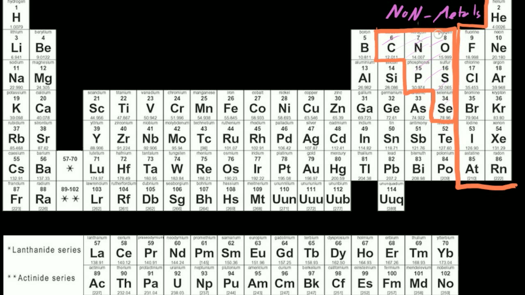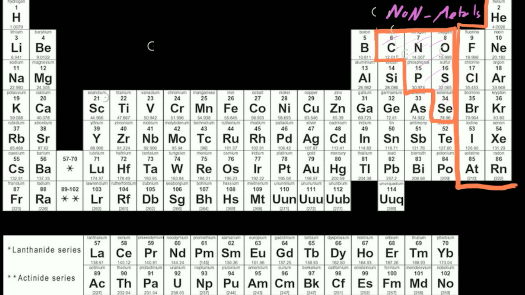Although technically, I guess, you could say that everything to the right of the orange line is a non-metal, but the oxygen group doesn't necessarily have a dedicated name or anything. So I've heard these elements referred to as non-metals.